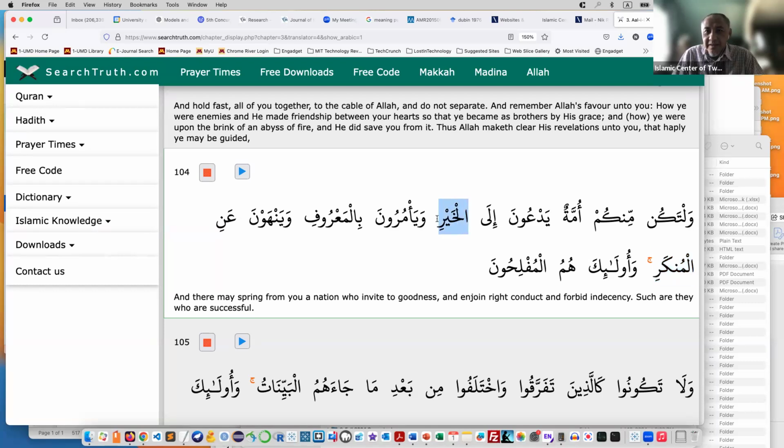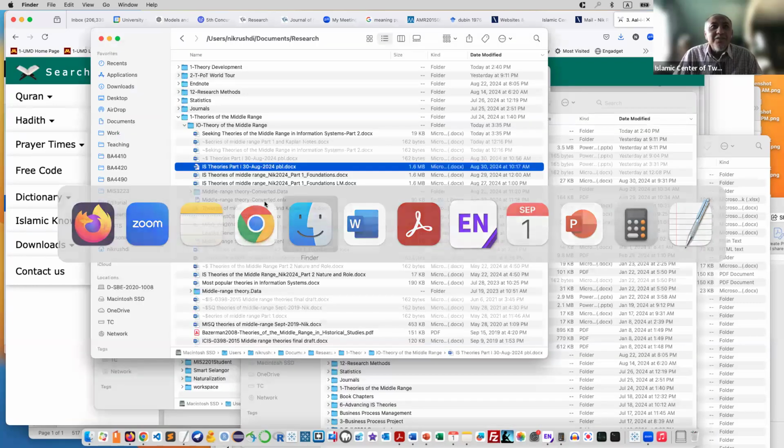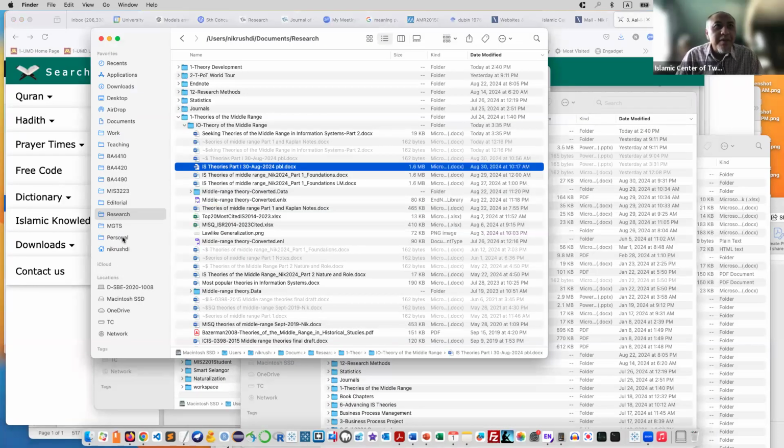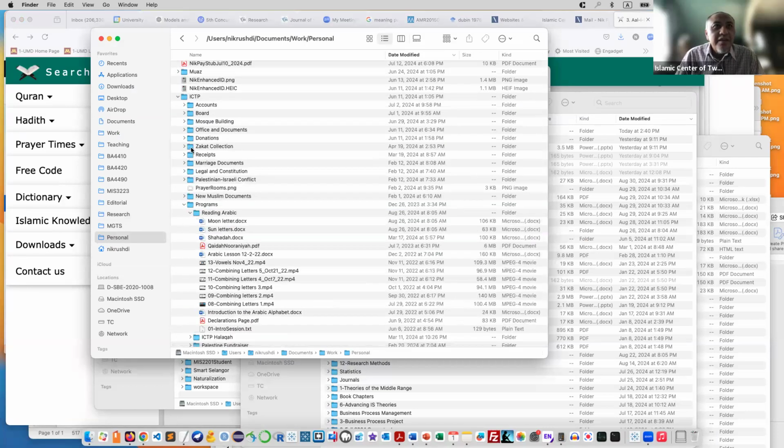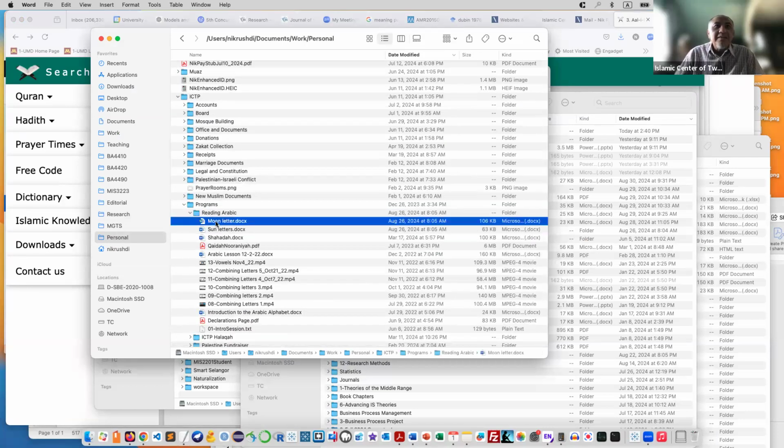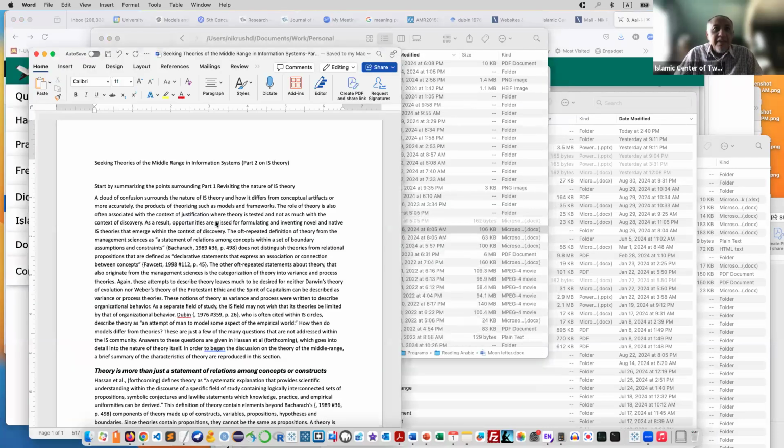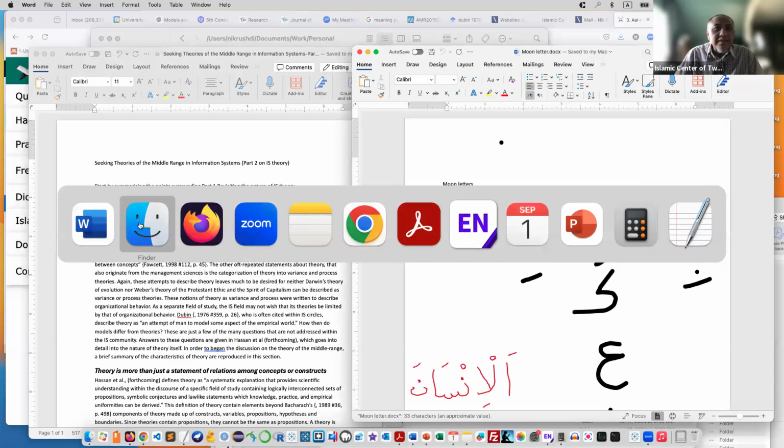Brother Zarif, is that a moon letter or a sun letter? This is a sun letter. No, it's a moon letter. Remember what a moon letter is? Which one is a moon letter? Let me remind you guys. Let me check here. Okay, so moon letter, and then we have the sun letter.